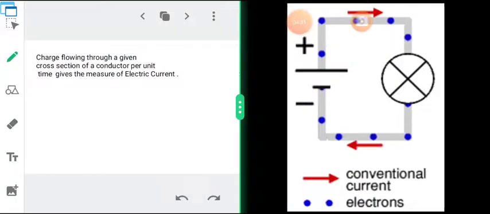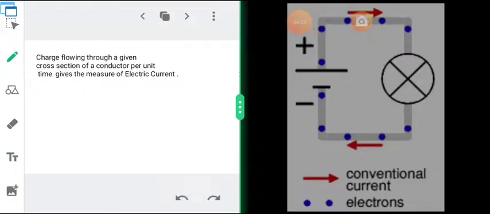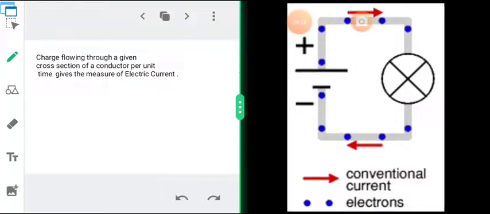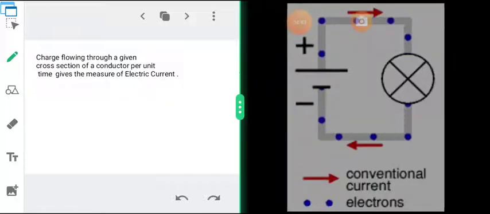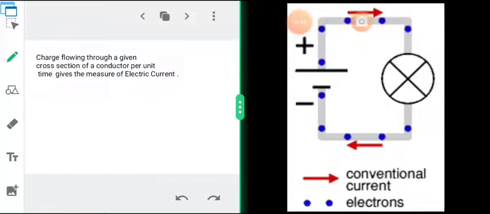That's why the same convention is still being followed, and the direction of current is still considered from the positive terminal to the negative terminal of the cell. This needs to be remembered whenever we are drawing any circuit diagram and marking the direction of current.